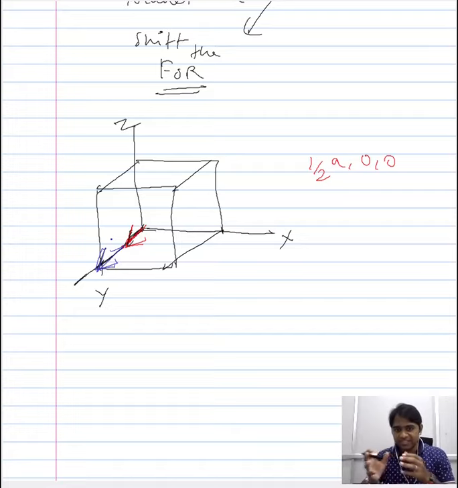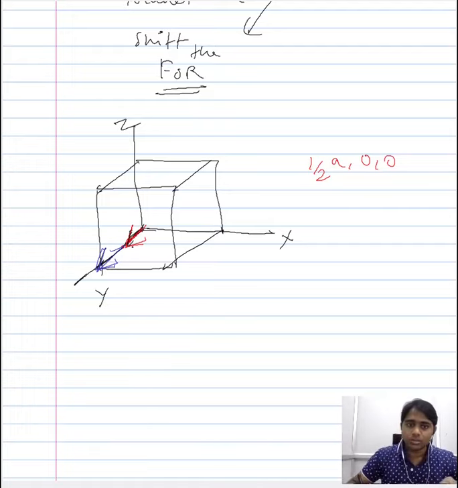The only thing that varies is the magnitude, and since what we are doing here is to express the direction in terms of the Miller lattice, whenever you have a direction that is confined, that does not meet the ends of the unit cell, the best way of representing it is to extend it to the end of the unit cell and then express it.